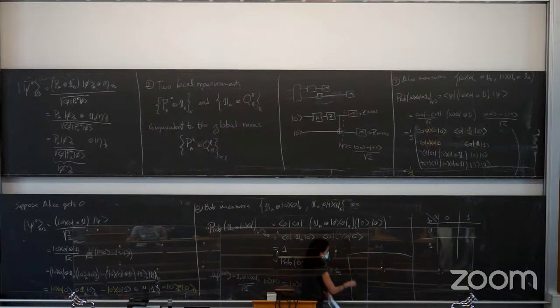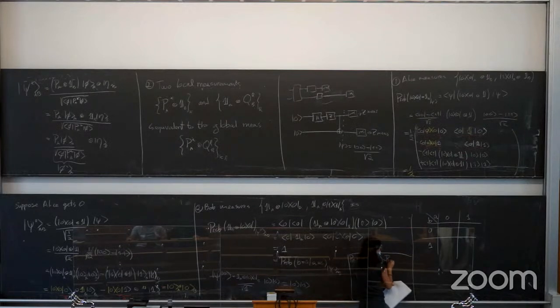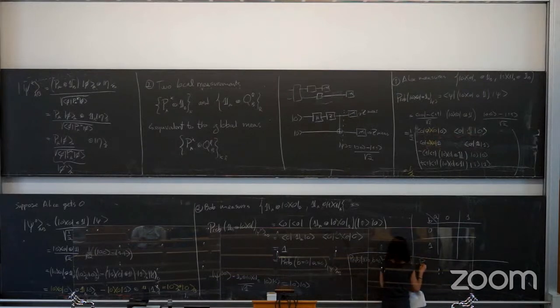The probability of getting A equals 0 and B equals 0, I can write as the probability of B equals 0 given that A equals 0, multiplied by the probability that A equals 0.